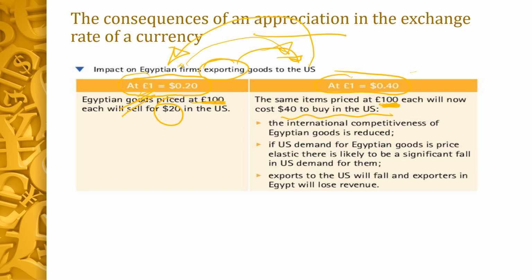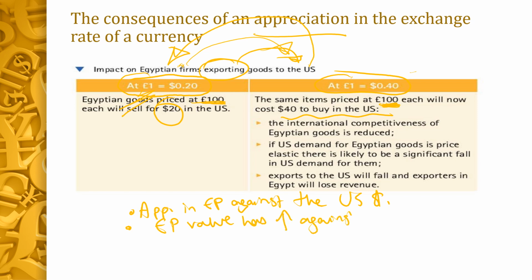At that point, I would say that there is an appreciation in the value of the Egyptian pound against the US dollar. I can also say that the Egyptian pound value has increased against the US dollar. And finally, I can say that the Egyptian pound will now cost US residents more to buy on the foreign exchange markets, making imports more expensive. Okay?